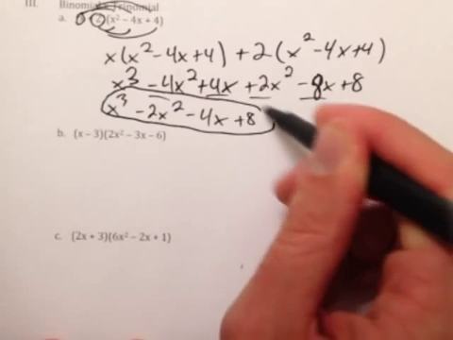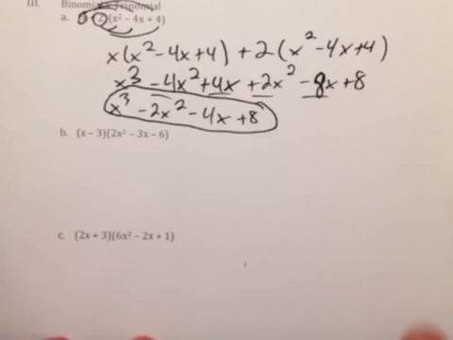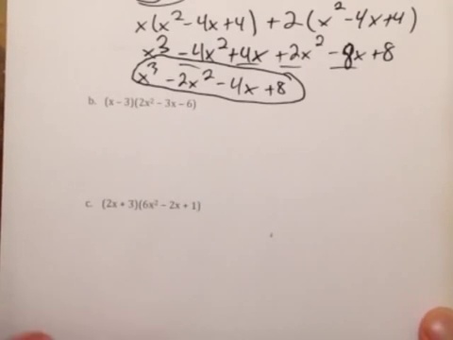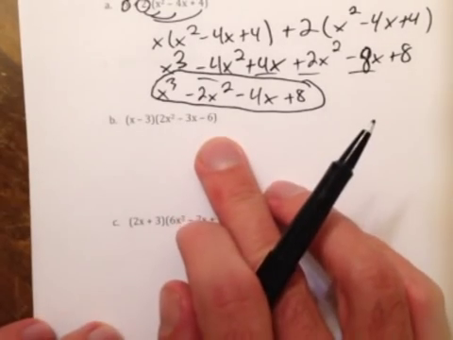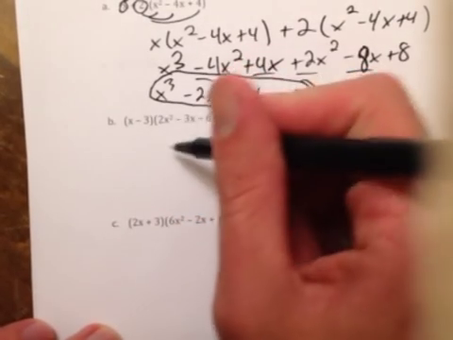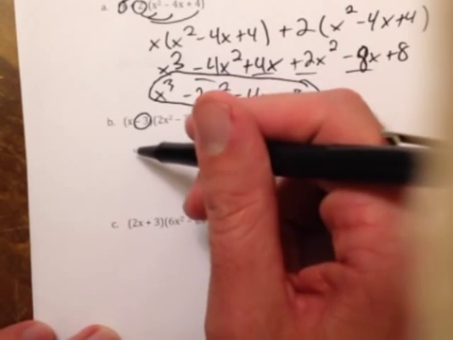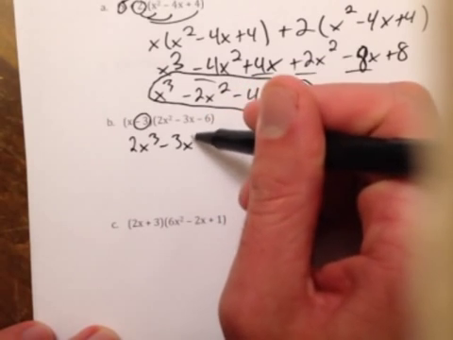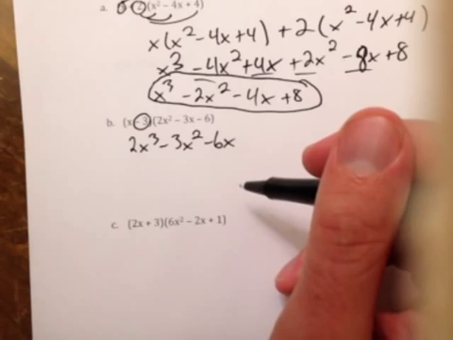Why don't you go ahead and try the next two on your own, pause, and then come back. Okay, welcome back. This time I am not going to show that initial setup step again, because you just really don't have to. But I'm going to be careful when I get to the -3 there. So first I get 2x cubed minus 3x squared minus 6x when I distribute my x.